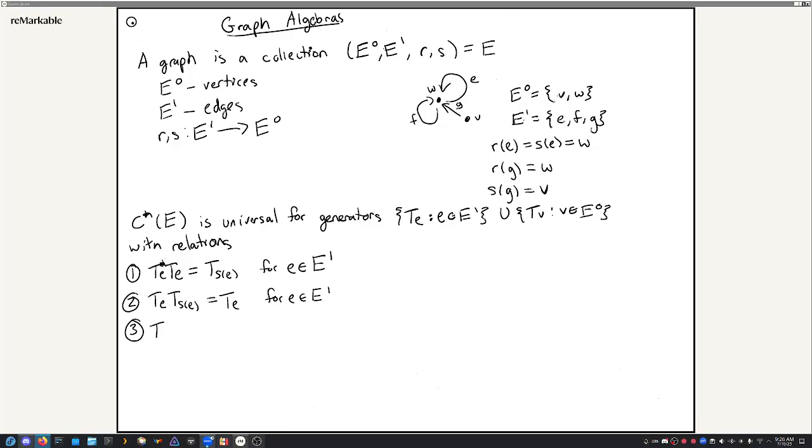Also, T sub range of E, T sub E is T sub E, again for an edge E.